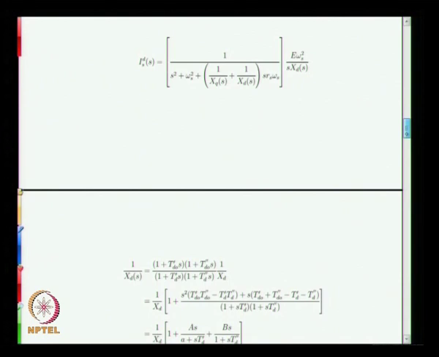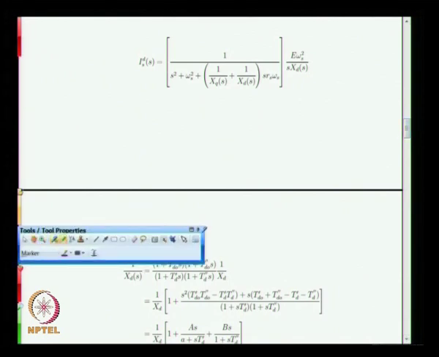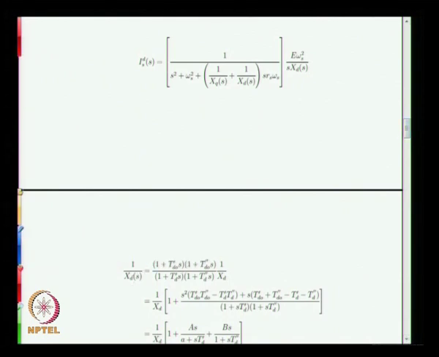So if you take a look at this 1 over Xd term, it is 1 plus T'do and divided by all this. So we really need to simplify this part of the expression. This 1 over Xd, let us keep it outside, and this term is a second order numerator by a second order denominator.